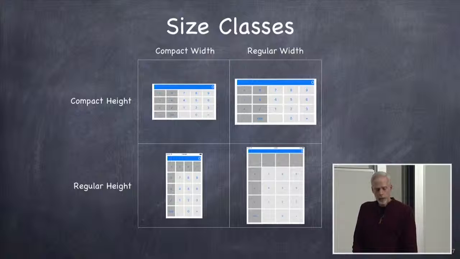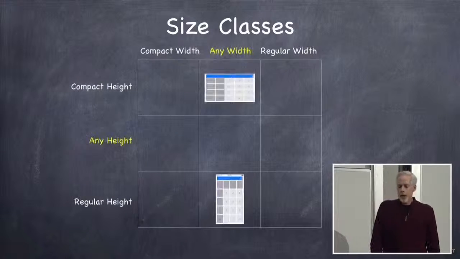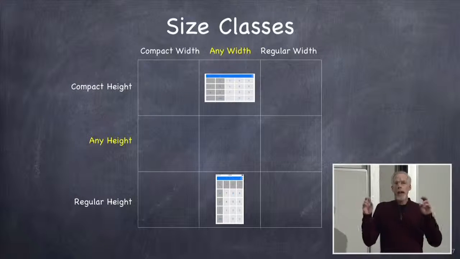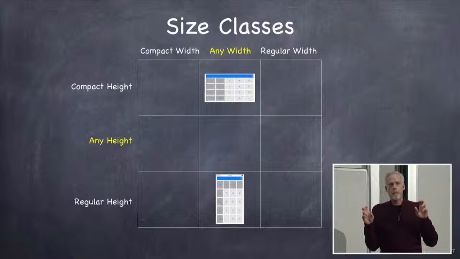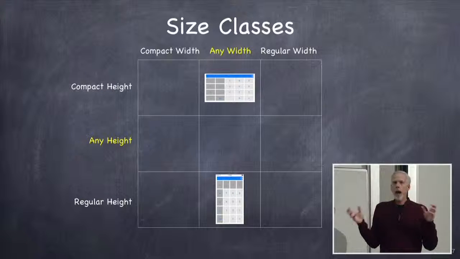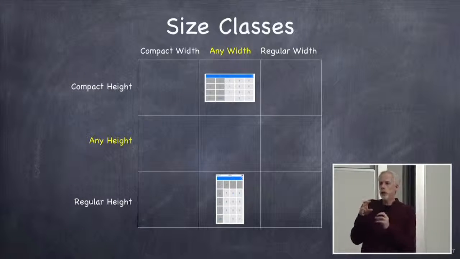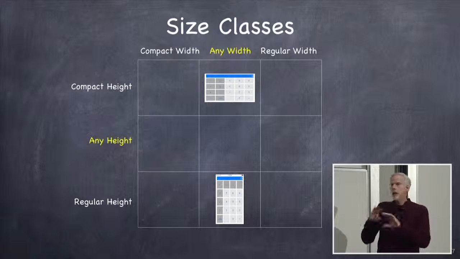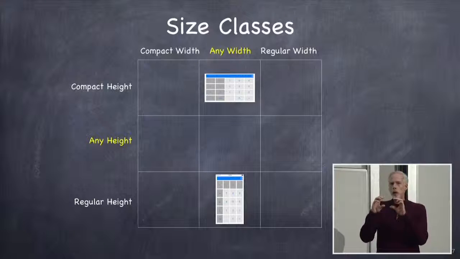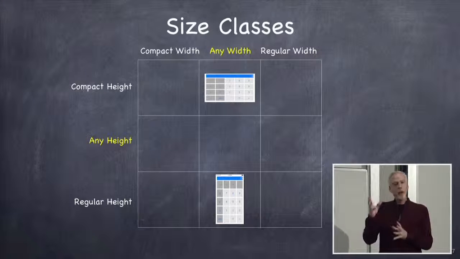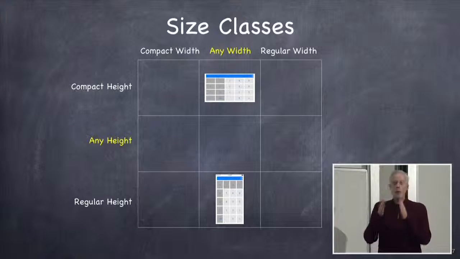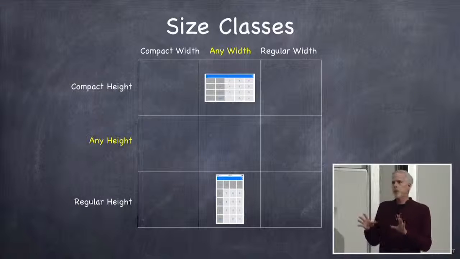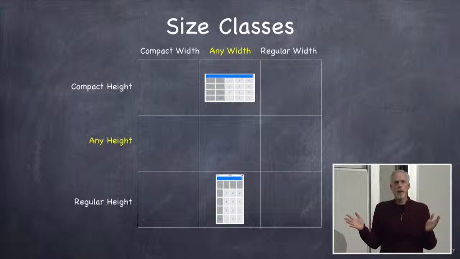And so to make it a little easier, when we're designing, we also have the concept of any height or any width. All right? Now, if we do that, now we're down to only having to do 2 things with our calculator. Okay? So anytime we have compact height and we don't care what the width is, we're going to go 4 high. Anytime we have a regular height and we don't care what the width is, we'll go 5 high. So that's reduced the amount of work we have to do by half.